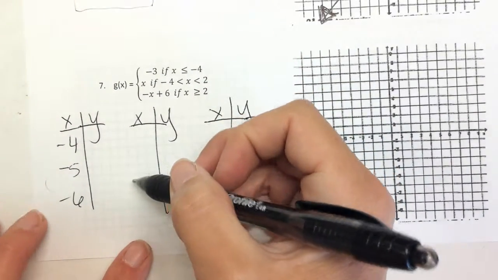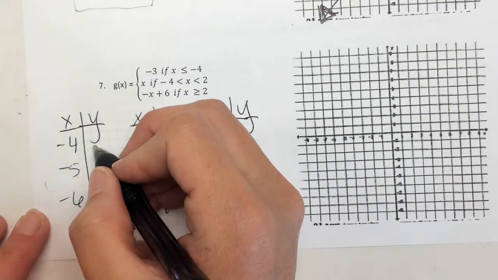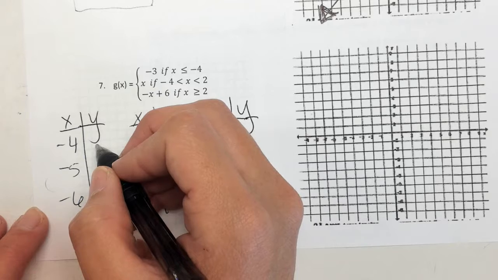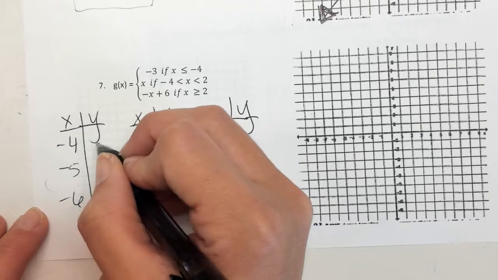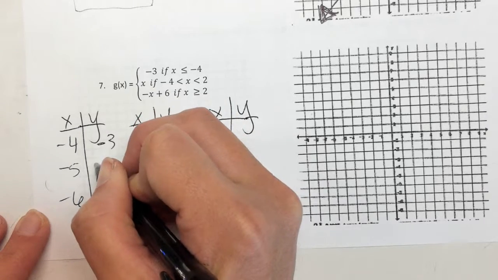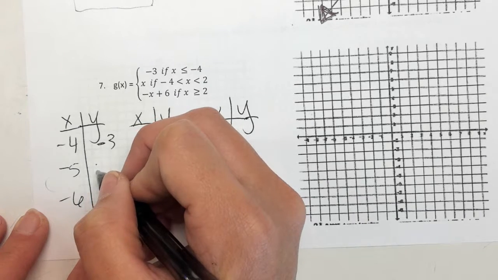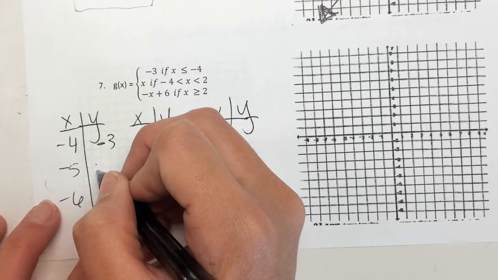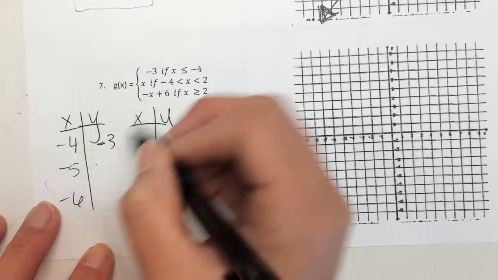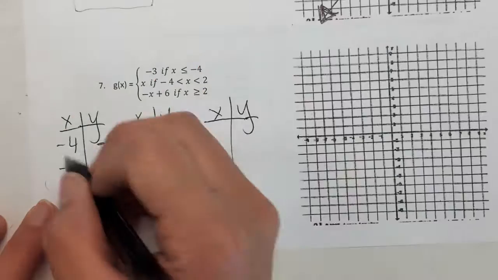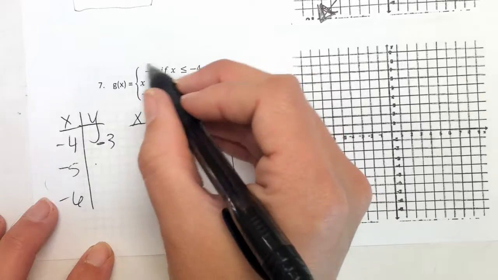Alright, Solomon, what's going to be my y values for all of these? Start with -4. It would. Next one? Where'd you get that from? For this one, these are our 3 x values we picked, and we're going to plug it into this piece.